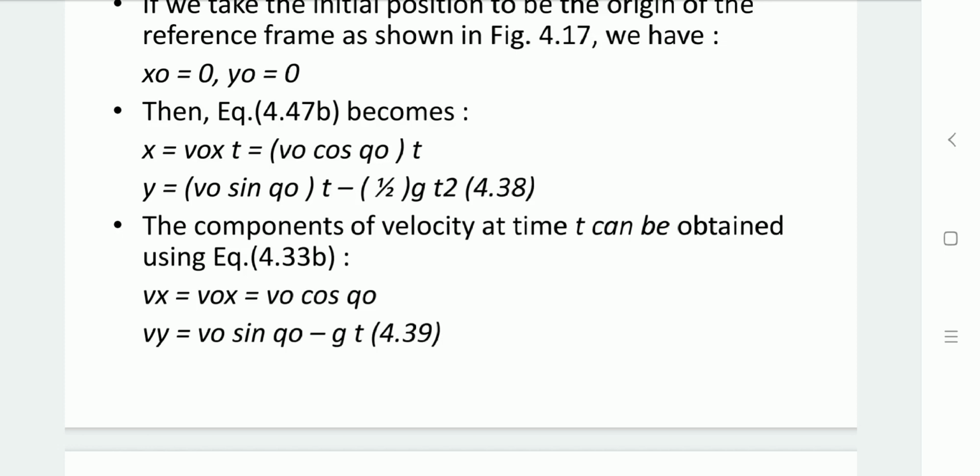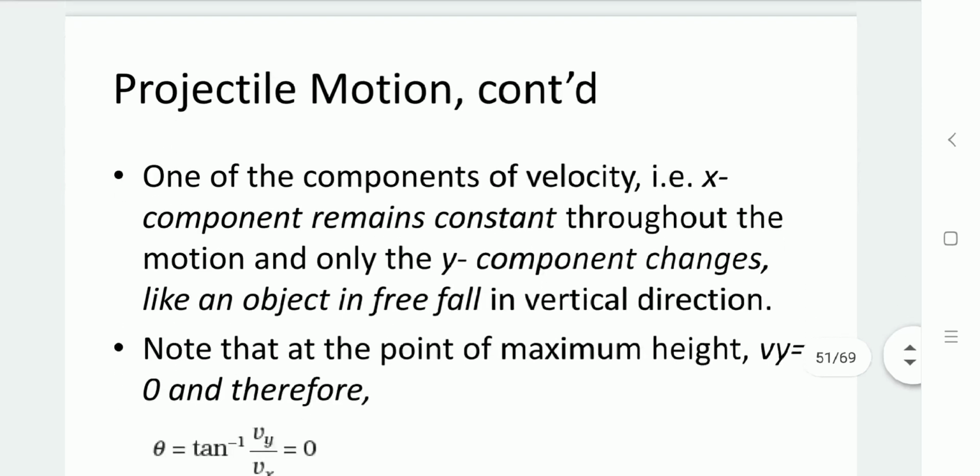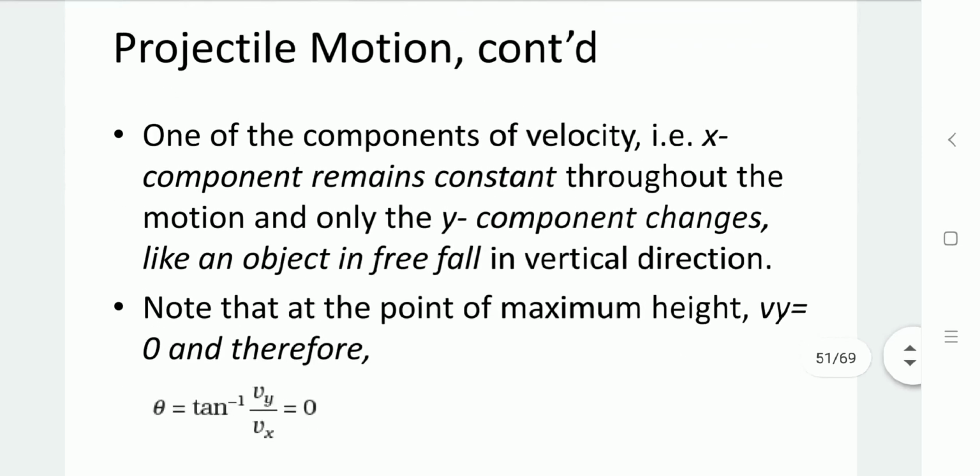In the y component we have the initial component, and while the object moves downward, that changes too: v0 sin theta 0 minus g t. So the x component of velocity remains constant throughout the motion, and the y component changes due to free fall in the vertical direction.